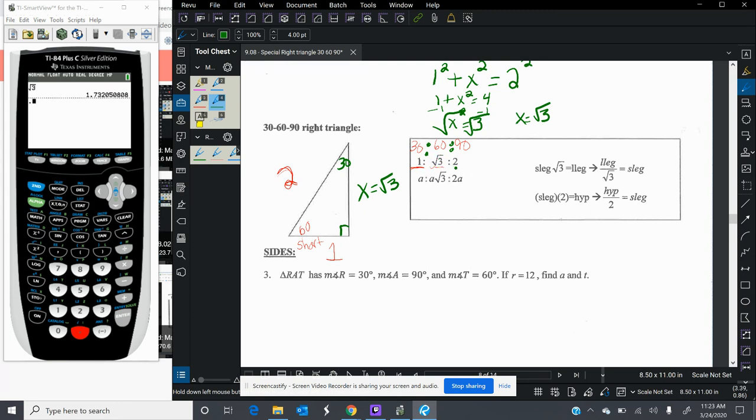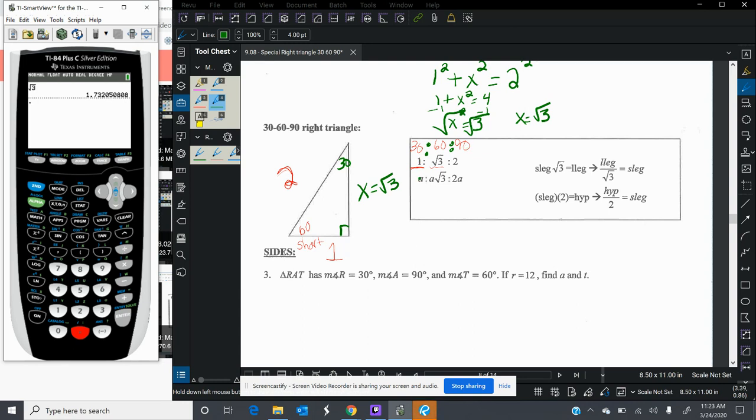Now the ordering is also important. 30 is your smallest angle, so it is across from your smallest side, 1. The square root of 3, if you see my calculator here, is about 1.7. It goes across from your 60-degree angle, your middle measurement. And 2 is across from the biggest angle, 90 degrees. So 1, 1.7, and 2 are already in order when you think about 30, 60, 90.